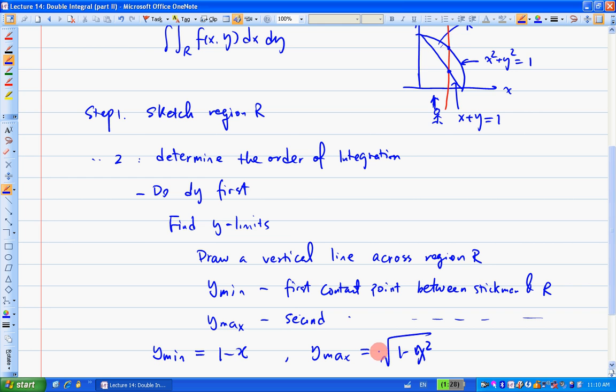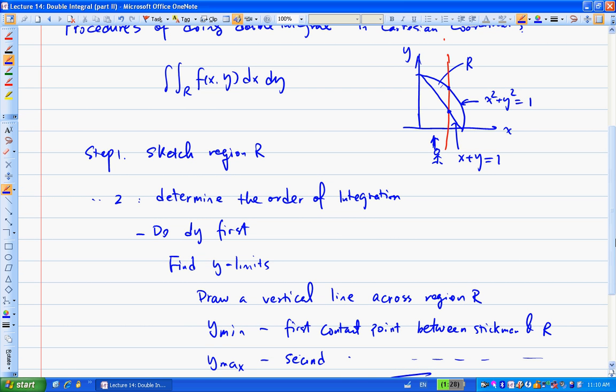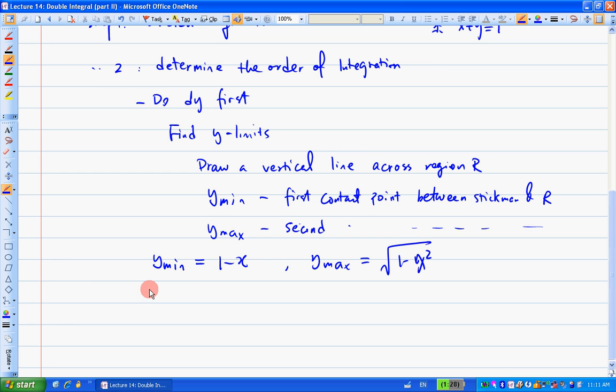You don't need the negative because you're up here, where it's always positive. So that's y min and y max. You can also think of it as y equals f of x somewhere: I'm just drawing the region R, but the function you're integrating sits on top of the region R. That's how you find y min and y max.